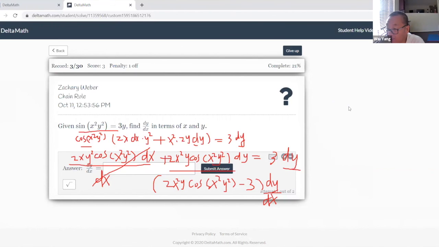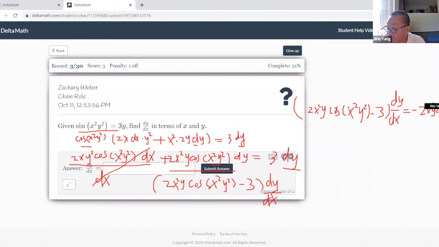Now let's do it right here. You get 2x squared y times cosine of x squared y squared minus 3, then parentheses dy over dx. When you subtract this term from both sides, this one will be gone from the left side. It will go to the right side, but the sign changes to negative: negative 2x times y squared, then times cosine of x squared y squared.